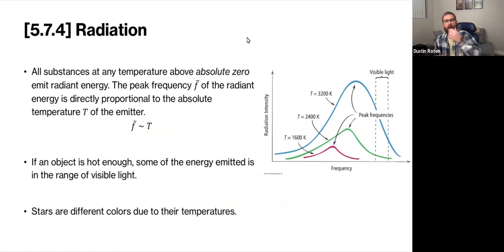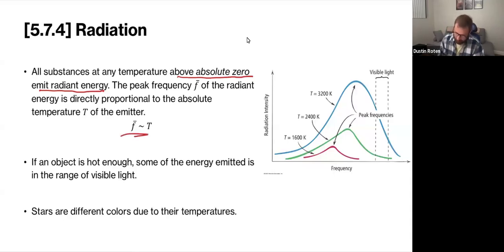So the cool thing about talking about frequency and wavelength is all substances at any temperature above absolute zero, that's important. As soon as you get above absolute zero, stuff starts emitting radiant energy. So the peak frequency of this energy is directly proportional to the absolute temperature of the emitter.